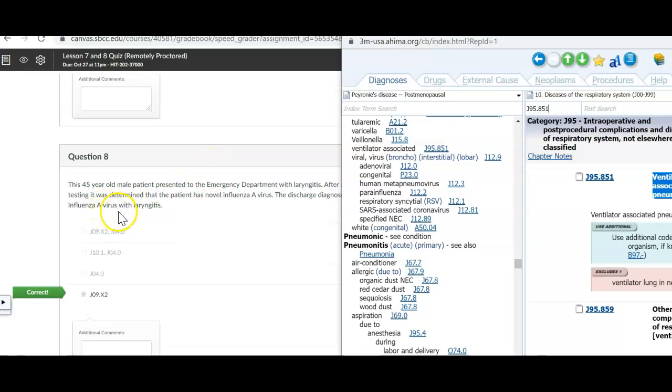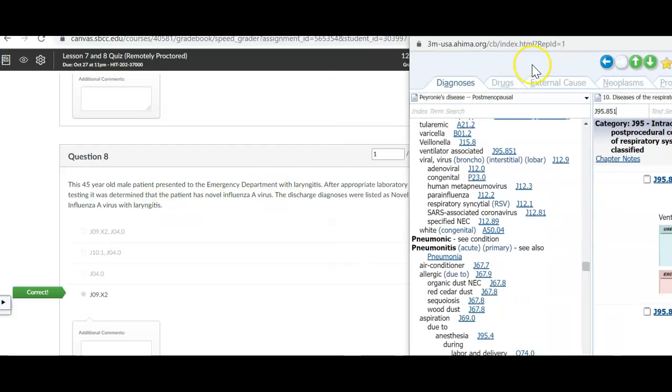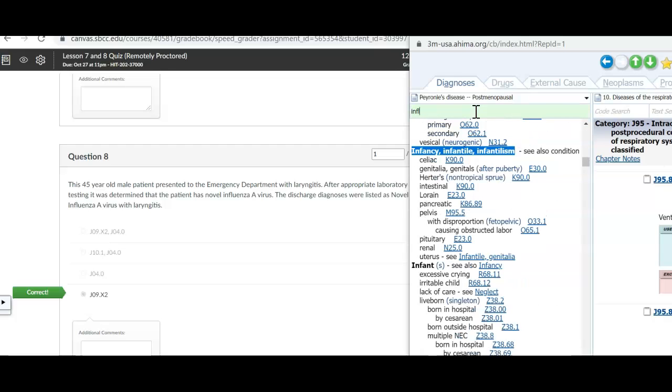Number 8, we have a virus with laryngitis. So this one here, I'm sorry, it should be influenza A. So I'm going to start off with influenza. System's a little slow here.